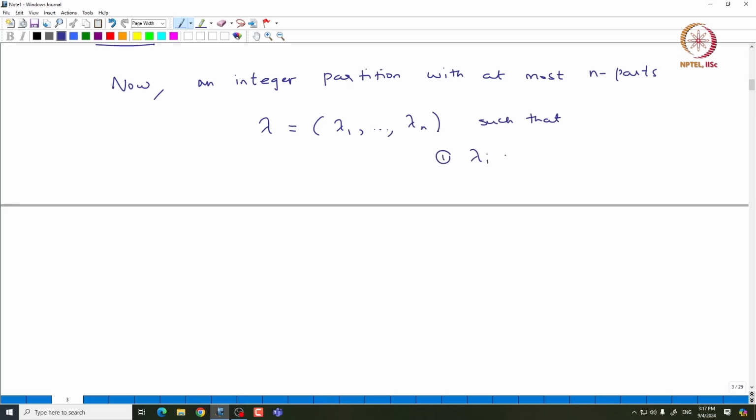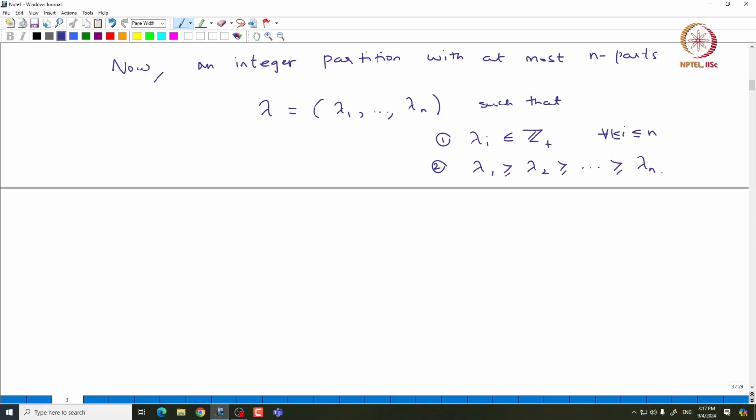So, lambda i is a non-negative integer for all i from 1 to n, and the second condition is that it should be non-increasing, weakly decreasing: lambda 1 greater than or equal to lambda 2 greater than or equal to etc., greater than or equal to lambda n.